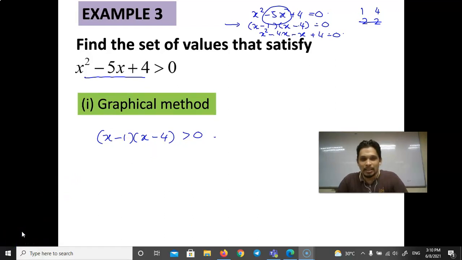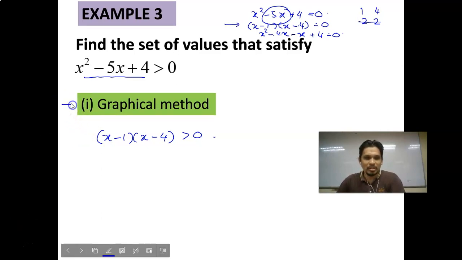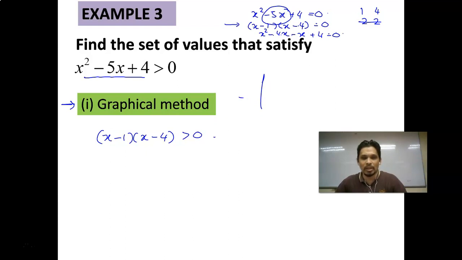Okay, class, I think I made a small mistake. The method I mentioned here is the graphical method. Graphical method means that we are going to refer to the graph. We are going to sketch on the x-axis and y-axis.